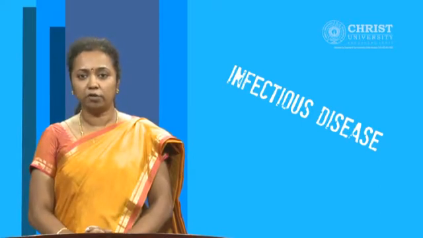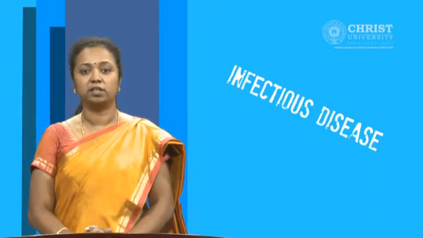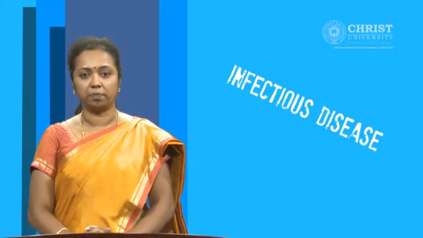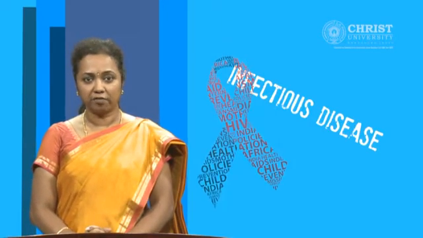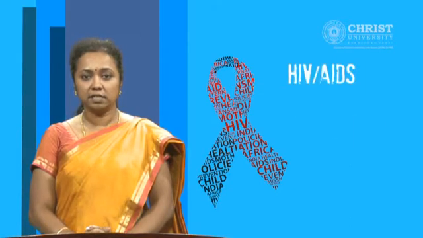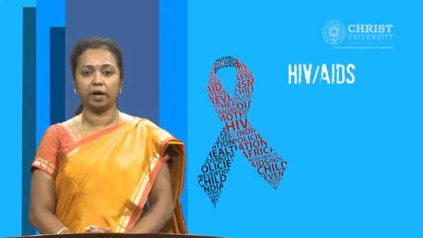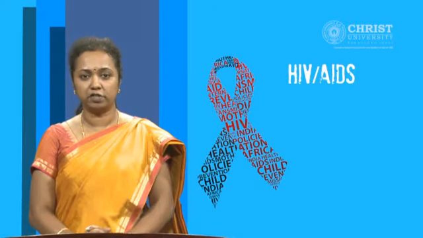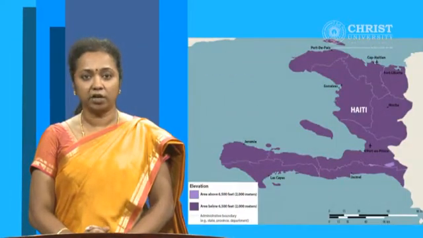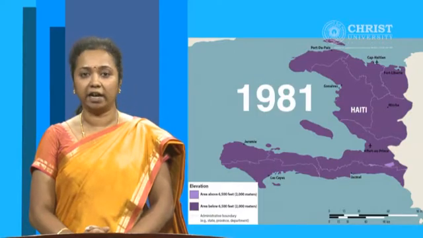Now, let us study a few infectious diseases, their transmission, symptoms, prevention and treatment. HIV or AIDS. This is a viral disease caused by the human immunodeficiency virus. It was first reported in the USA in 1981.